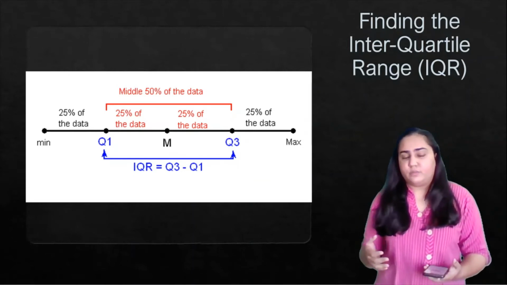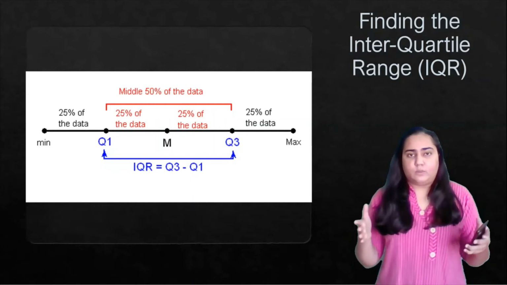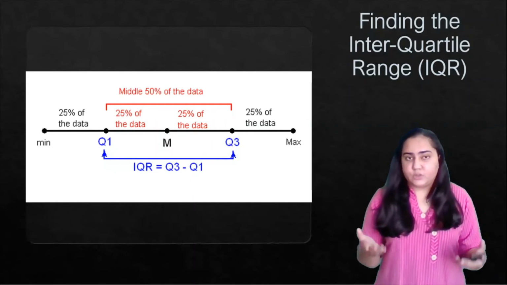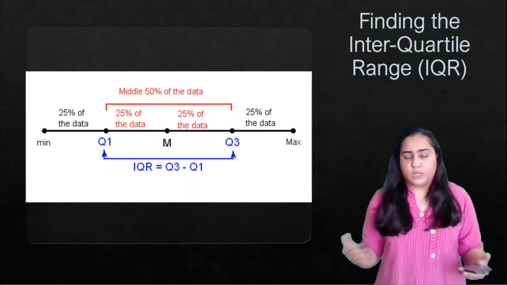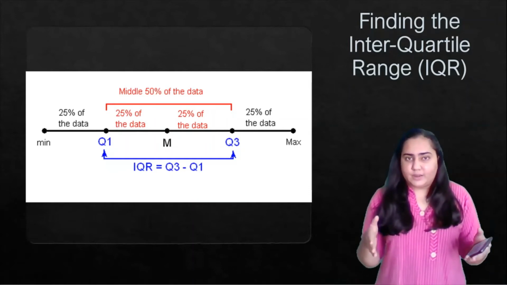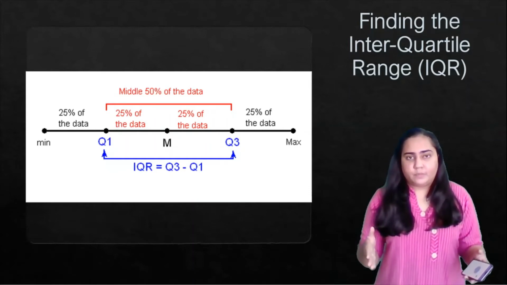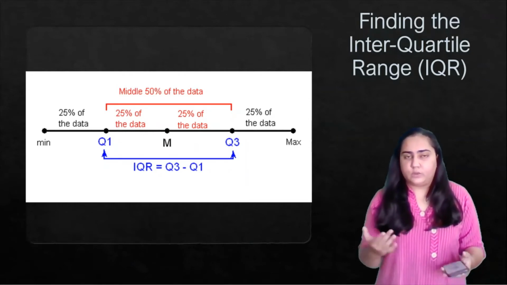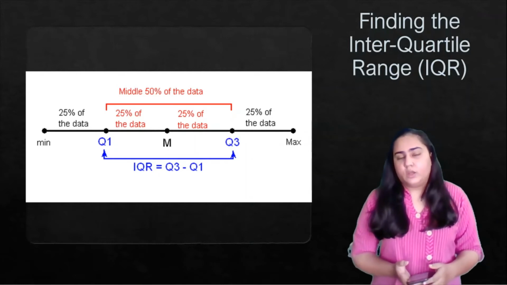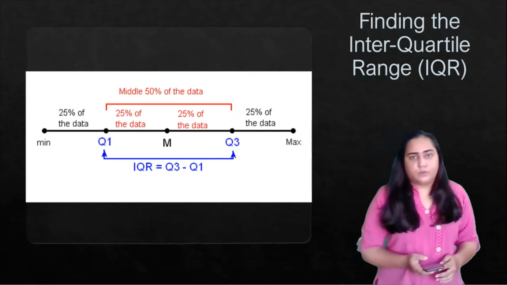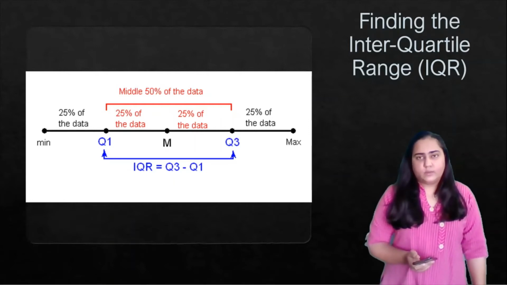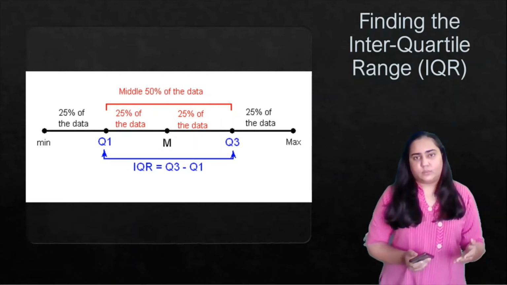Whatever data you have is now the middle 50%. You also know Q1 and Q3, which are the points that mark this data. That is why if you just subtract Q1 from Q3, you will get the IQR, the interquartile range. And that's how you can calculate it. We are going to see that with an example.